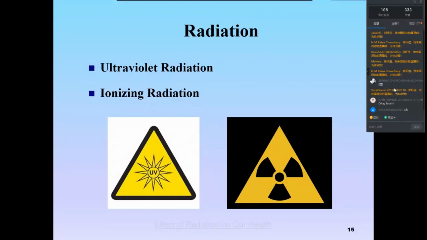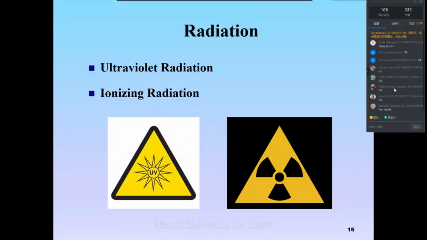With the rest of the time, we'll talk about other methods of sterilization and disinfection. So just now we talked about the first physical method, heating, where you increase the temperature. For the second method, we can use radiation. Radiation is a physical procedure.